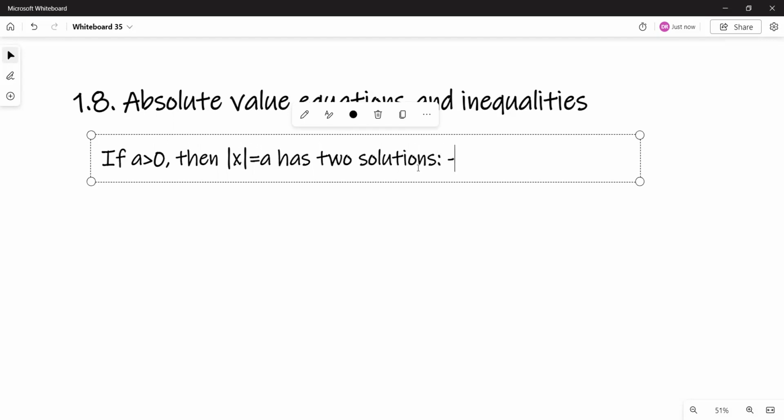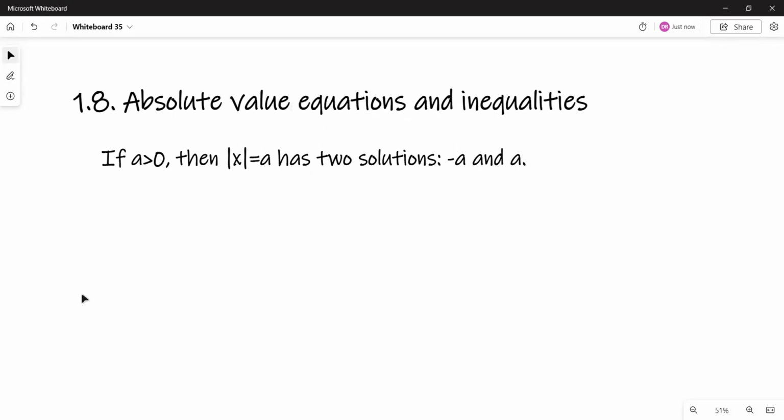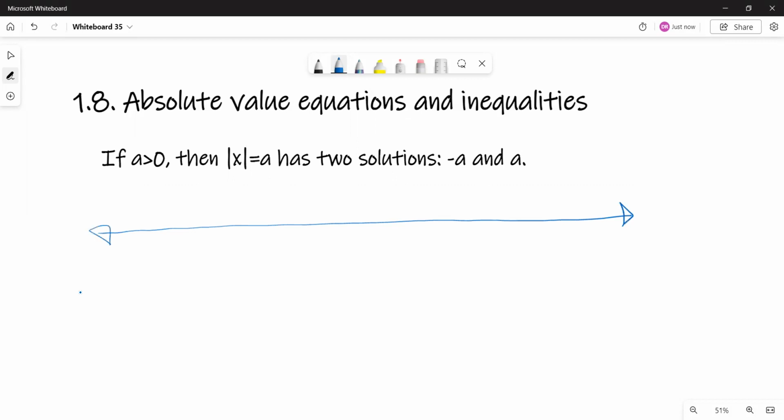Those are going to be the opposite of A and A. So on a number line, you have 0, and you have some positive number A. The distance from 0 to A is the absolute value of A, and the distance from 0 to the opposite of A is also the absolute value of A.